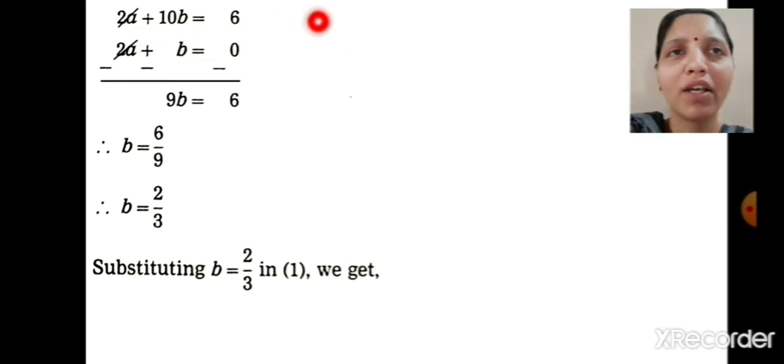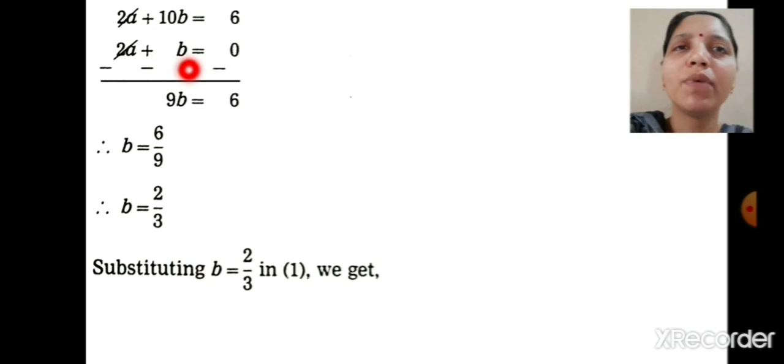This is your second equation. 2A plus B is equal to 0 is your first equation. So now let's first change the signs. You will get here 2A minus 2A will get cancelled, 10B minus B you will get 9B is equal to 6 minus 0 is 6. Therefore, B is equal to 6 upon 9, that is equal to 2 upon 3.